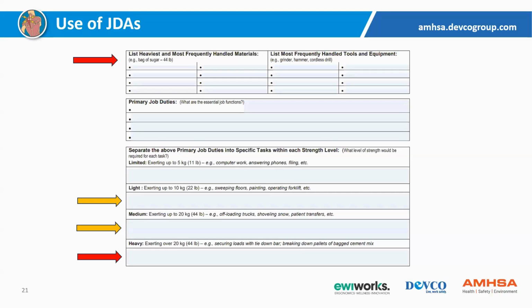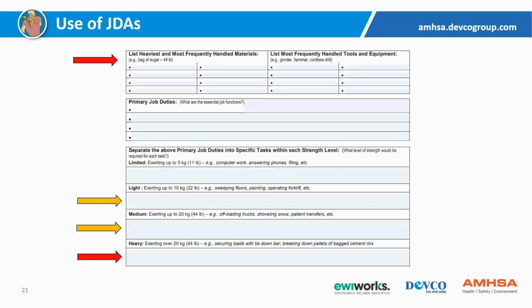I would really be cautious about seeing something as light and not worrying about it at all, because depending on the position and how frequently it's done, it still could be of concern. So weight alone is not a good evaluation of whether something has a risk that we should be concerned with.